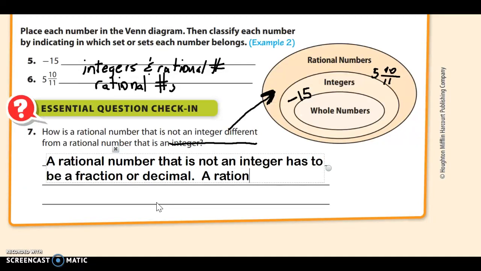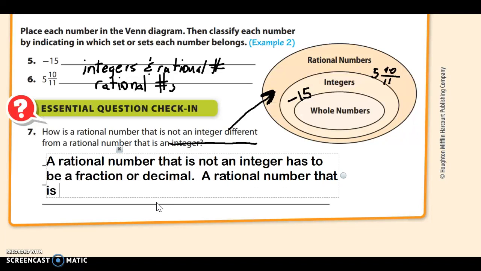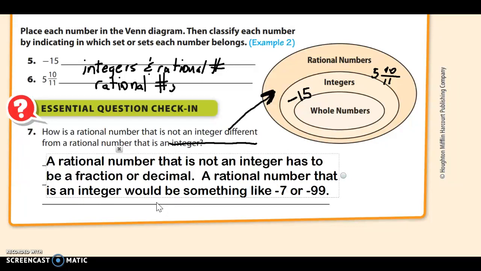A rational number that is an integer would be something like -7 or -99. Or actually, we should choose our example from this number 7 right here.